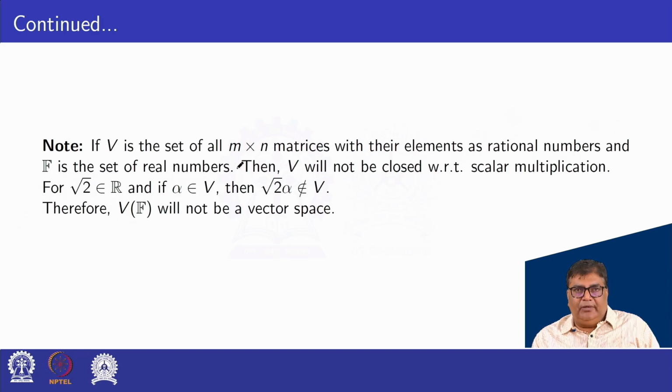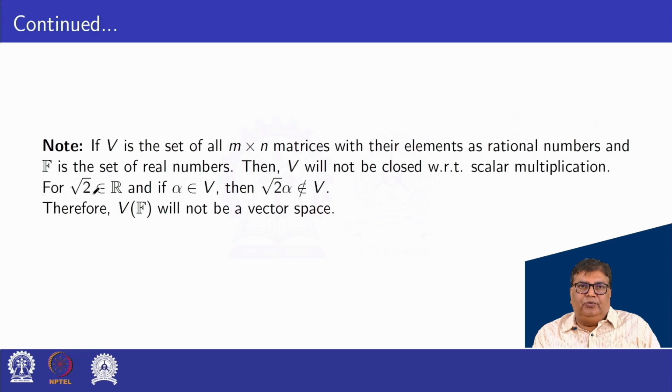Suppose we have an m cross n matrix with elements as rational numbers, but the field here is R. If a real number is multiplied with a rational number, the result is a real number. So the elements of the m cross n matrix do not satisfy the condition of a vector space.